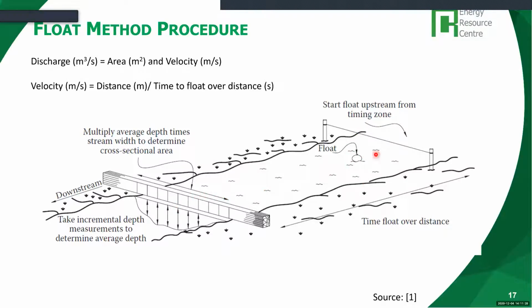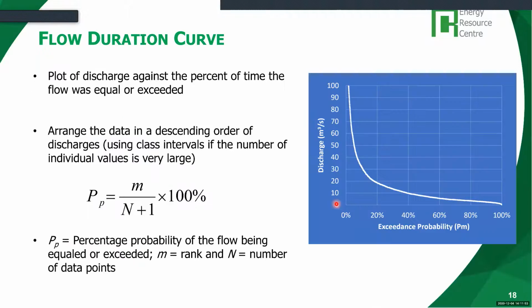But this is the surface velocity, and surface velocity is not the average velocity. So you measure across 3 to 5 locations, then get the velocity, and using some staff or something, you get the area. But this is for a rough estimate of the discharge.